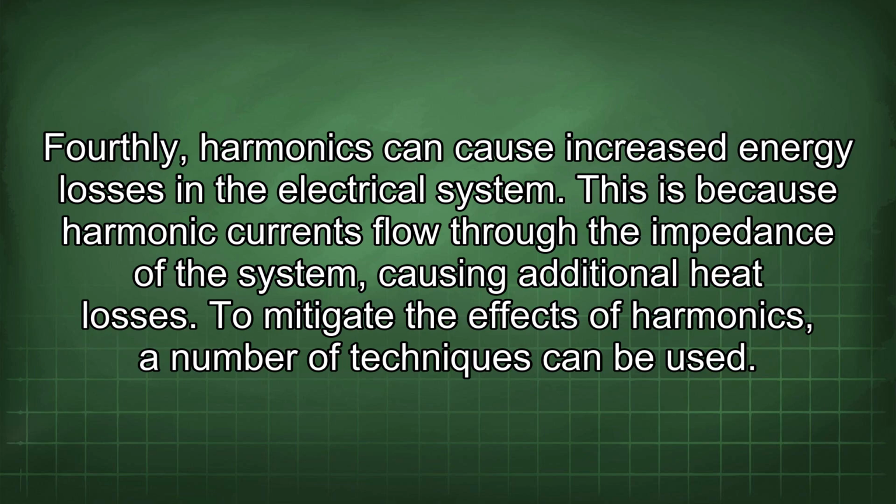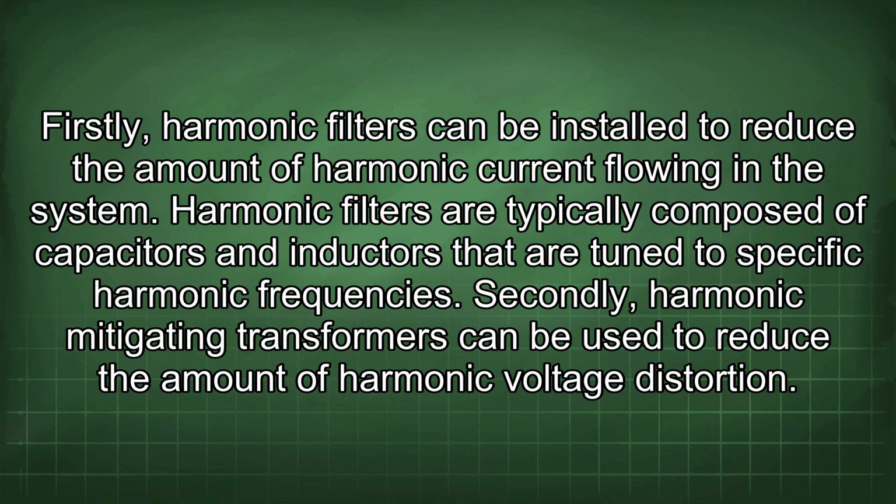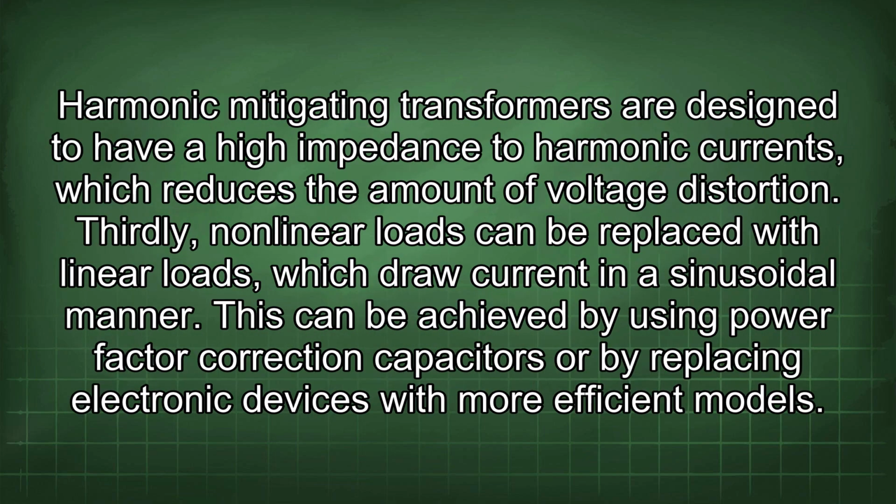To mitigate the effects of harmonics, a number of techniques can be used. Firstly, harmonic filters can be installed to reduce the amount of harmonic current flowing in the system. Harmonic filters are typically composed of capacitors and inductors that are tuned to specific harmonic frequencies. Secondly, harmonic mitigating transformers can be used to reduce the amount of harmonic voltage distortion. Harmonic mitigating transformers are designed to have a high impedance to harmonic currents, which reduces the amount of voltage distortion.